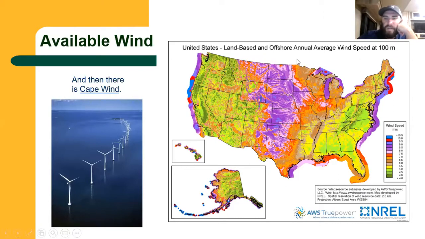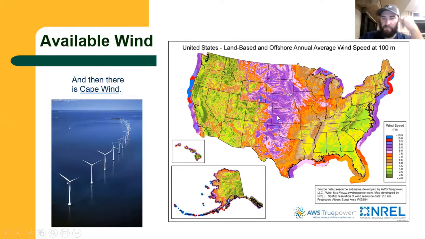So this map right here just kind of shows where in the US is most optimal to place wind farms. And if you look at the legend over here, the reds, blues, and purples are the most optimal places where you're going to get to generate the most wind.